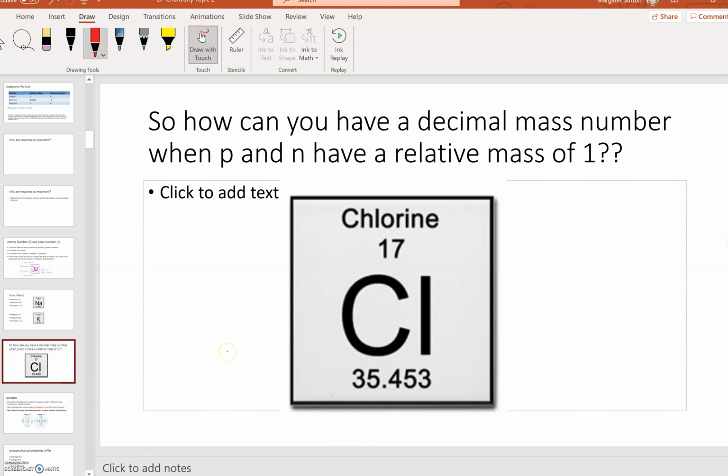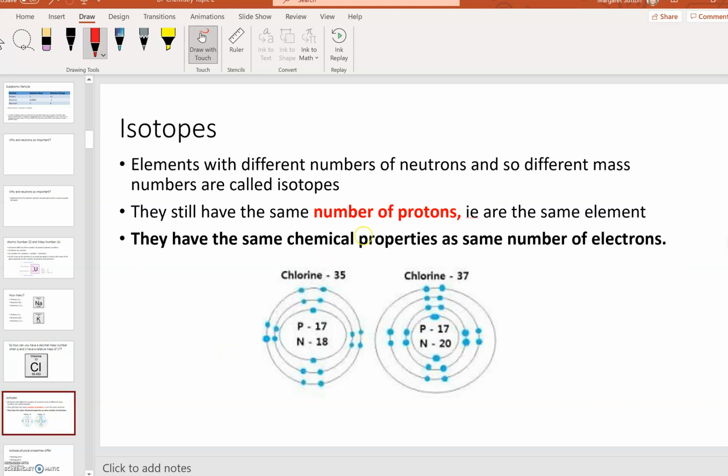There are actually set types of isotopes, and you do get familiar with a few of these. Chlorine-35 and chlorine-37 are some of the most common. So are the bromine ones and oxygen ones, which we're going to have a brief look at. So chlorine-35 and chlorine-37 both have 17 protons and both have 17 electrons.